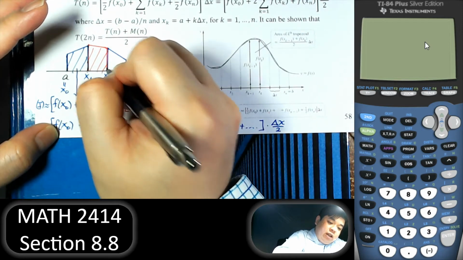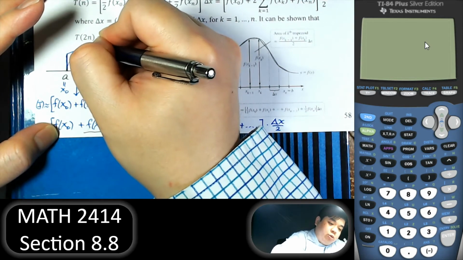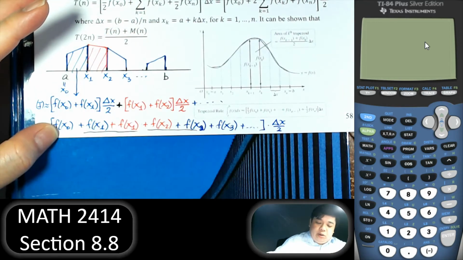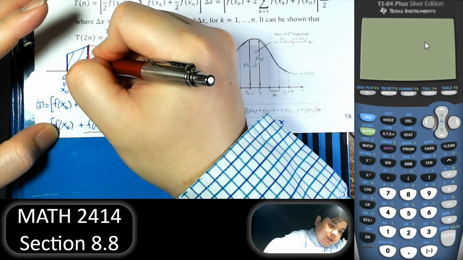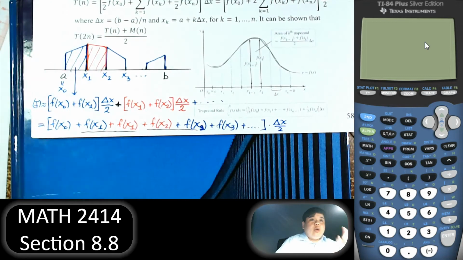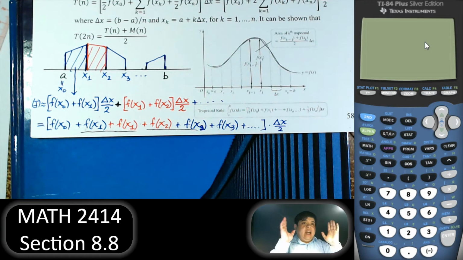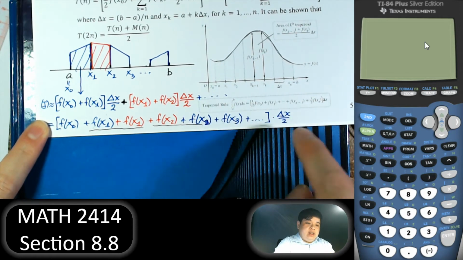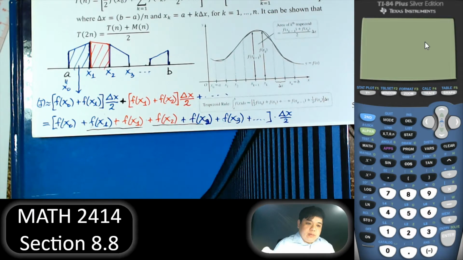But every endpoint in the middle, there should be two of them. So I have one on the left, one on the right, and every endpoint in the middle, there are 2 of them. We'll do all of that, delta x divided by 2. So that's what the trapezoid rule is.